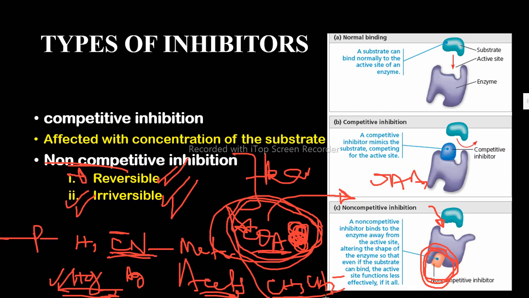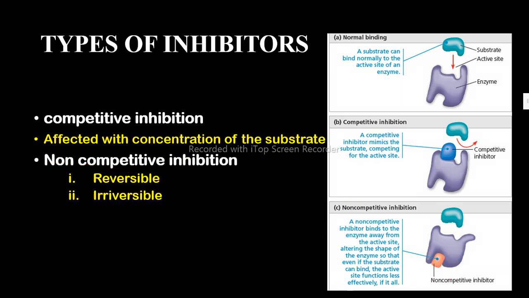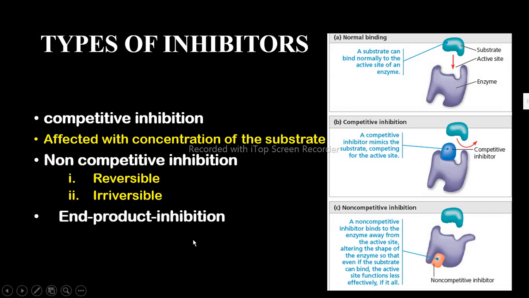So depending on the extent of denaturation by a given inhibitor, it will determine whether it will be reversible or irreversible. Then another type of non-competitive inhibition is the end product inhibition, whereby the end product formed can inhibit one of the enzymes involved in that process.